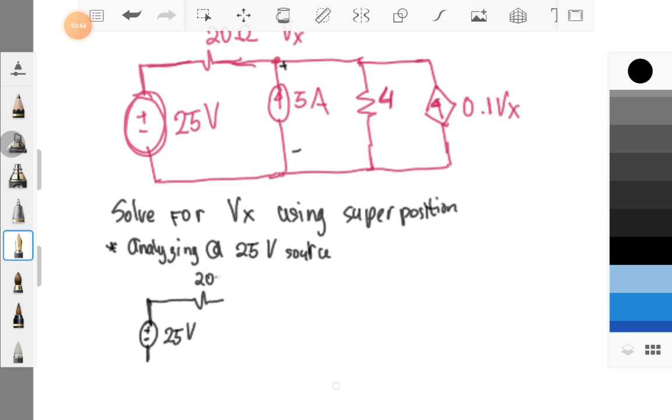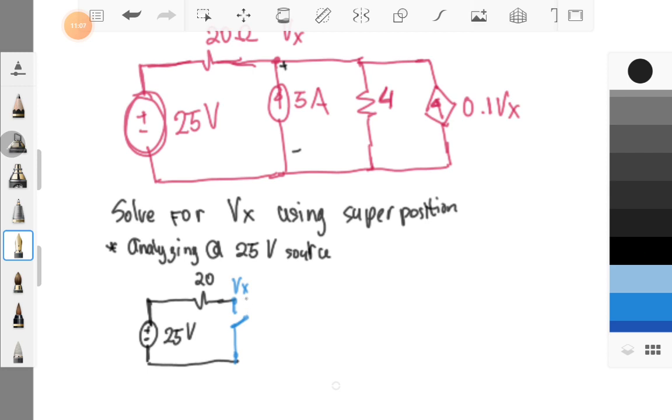Then you have our 20 ohm, and then yung Vx natin. Since yung current source natin is papatayin natin because we will analyze it at our voltage source, so mag-open yan. Okay, open siya, which means walang current na dadaan dyan, pero may voltahe yan.